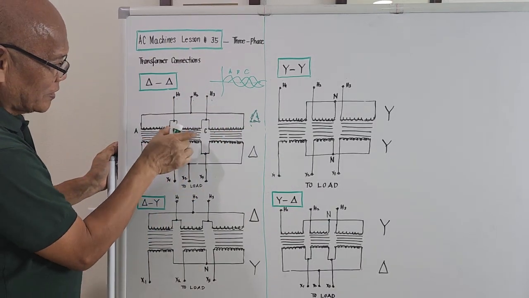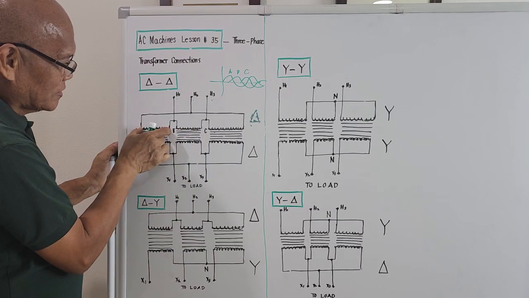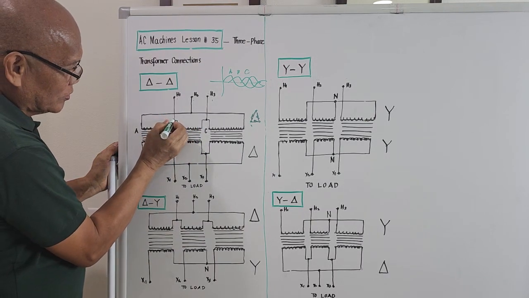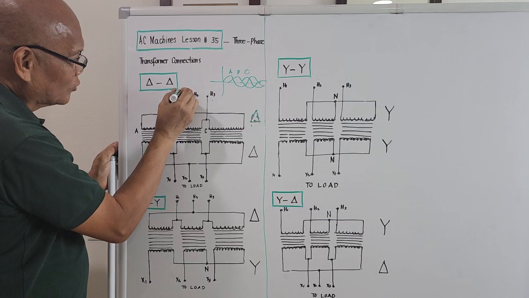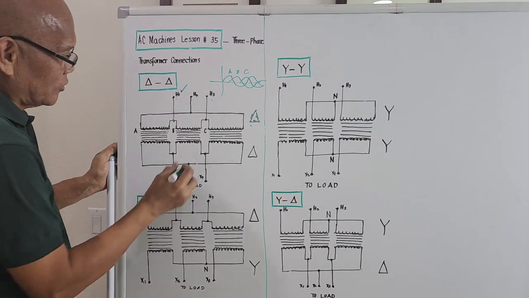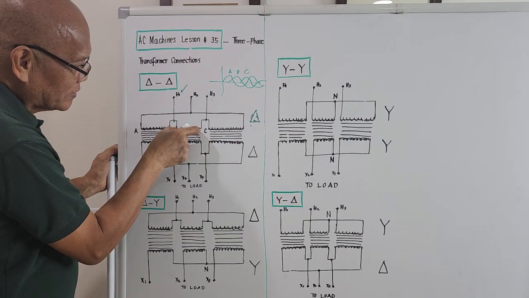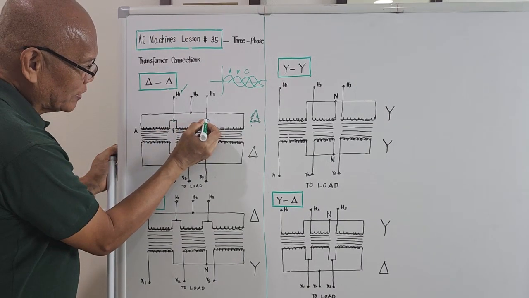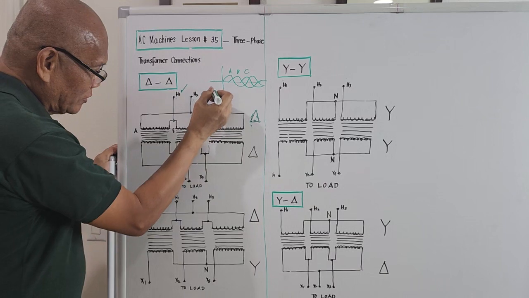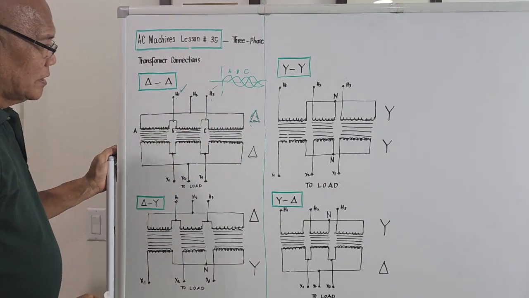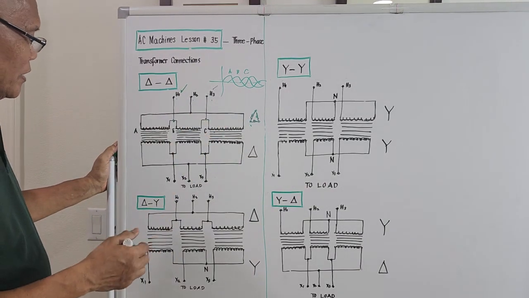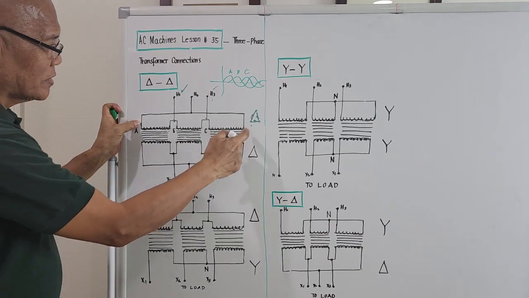So we connect this winding here, and the intersection we bring out, that will be H1. And we connect these two windings here, the intersection here, then we bring out that one, that will be H3. And the last one that's not connected is actually this end here and this one.